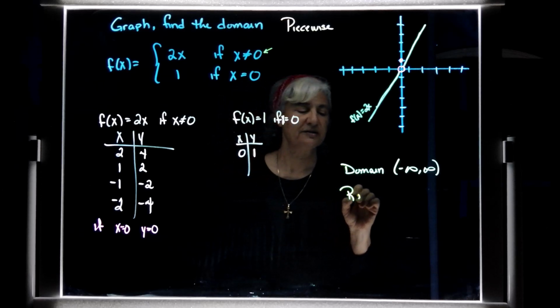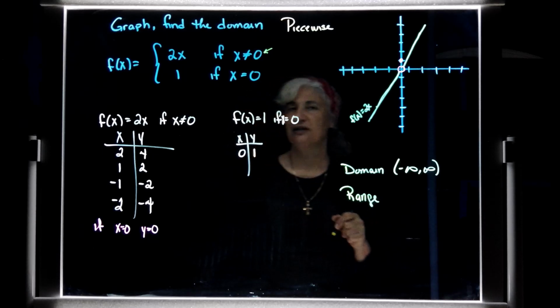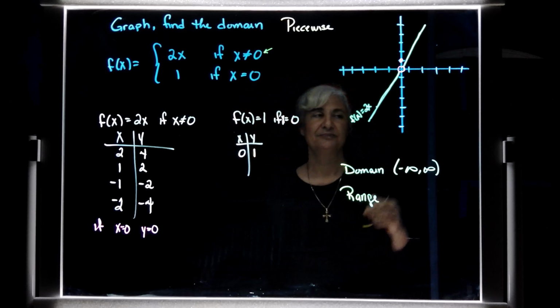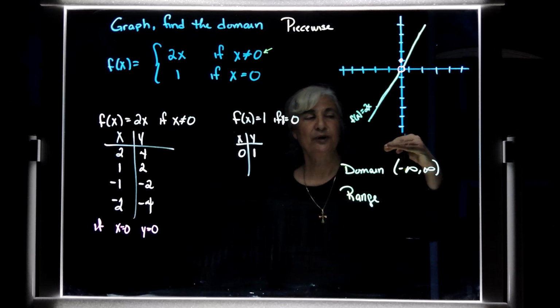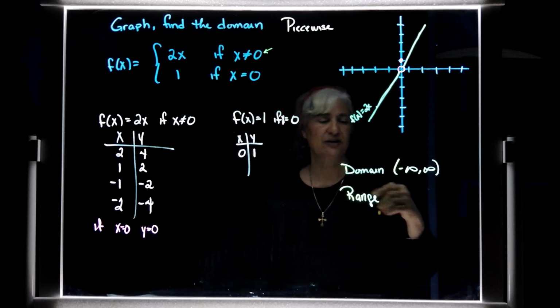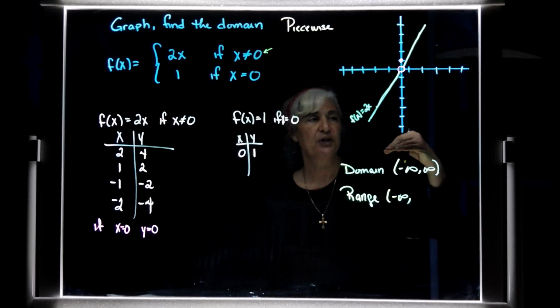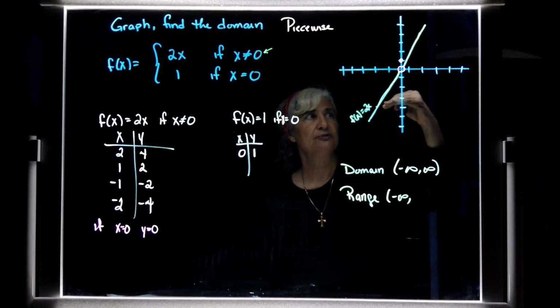Let's do a bonus. What do you think about the range? If we come in from the bottom at negative infinity, is negative infinity for the y's being used? Yeah, because this thing keeps going down. So the range will definitely start at negative infinity. We're moving up, moving up, moving up, moving up.